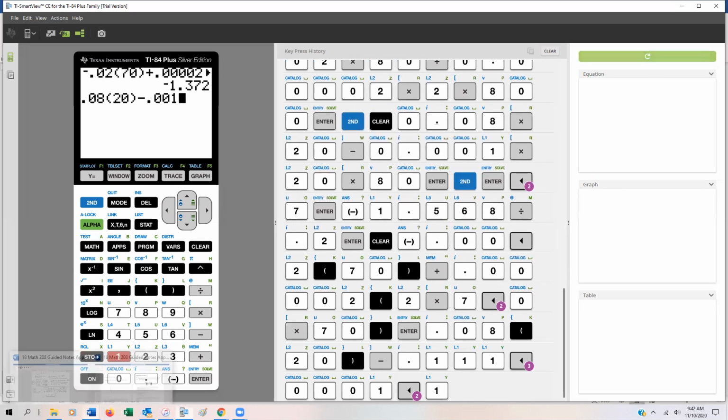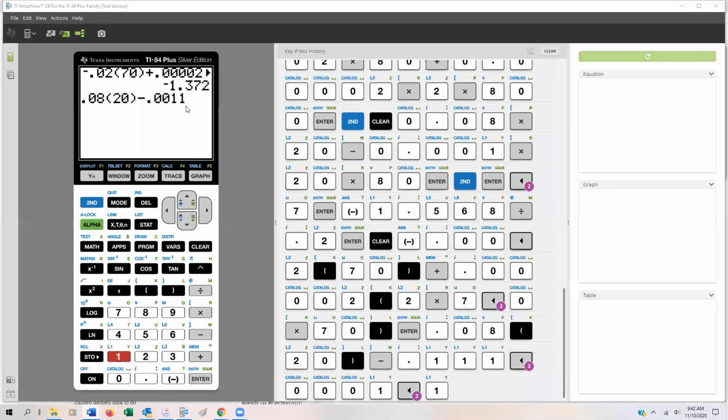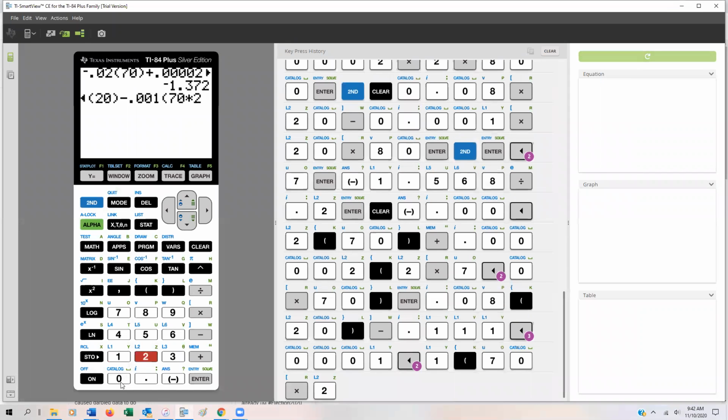Let me triple check just to make sure I don't want to put the wrong thing in there. 0.001, good. All right. So 0.001 times 70 times 20, and so our denominator is going to be 0.2.